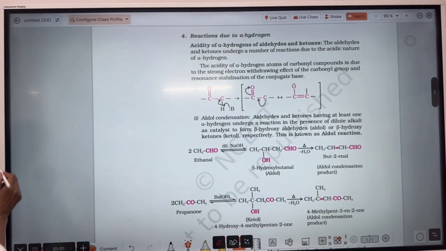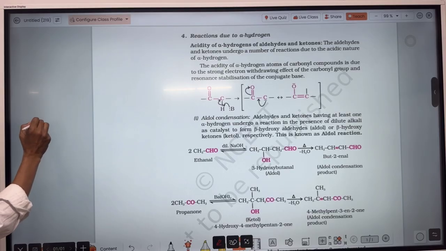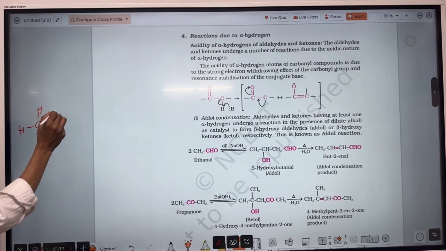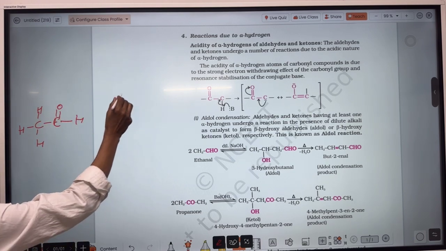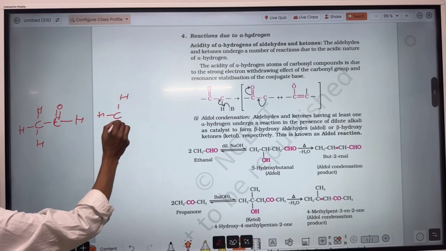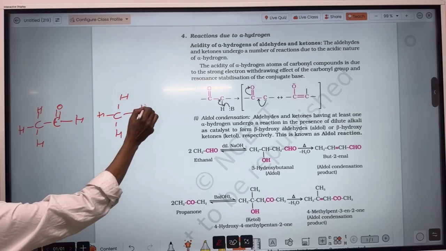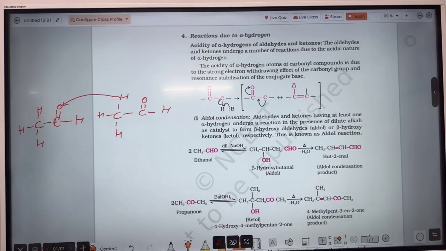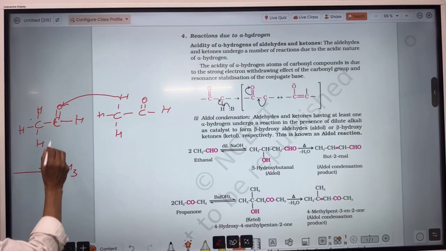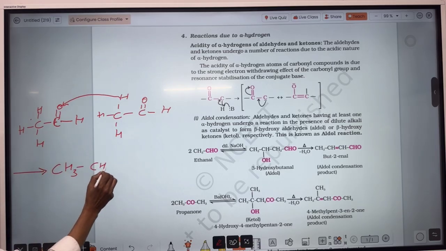Let's see here. I am considering that this hydrogen goes to this oxygen. So what happens? Here is CH3, it becomes CH and OH.